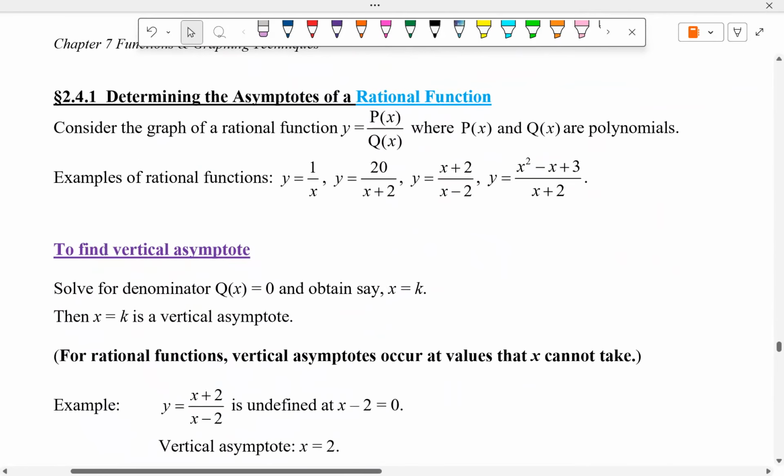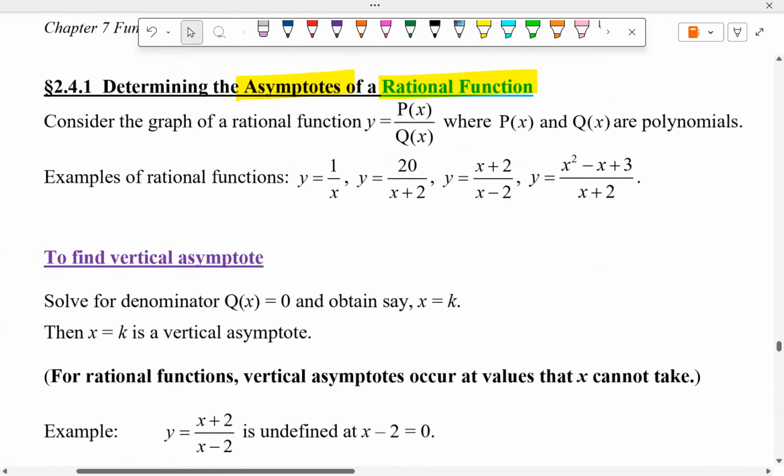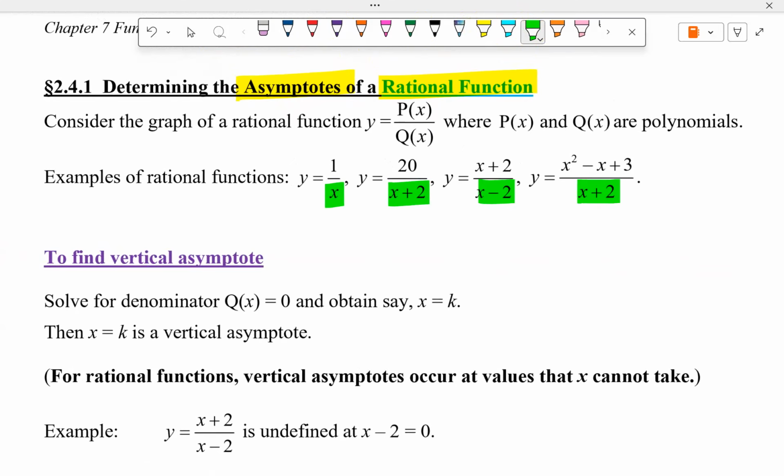Just more examples. To determine the asymptotes of a rational graph, like I shared with you earlier, the vertical asymptote is easy. All you need to do is pay attention to the denominator and set the denominator to be 0. Solve for the x value, and that will give you the equation of the vertical asymptote.